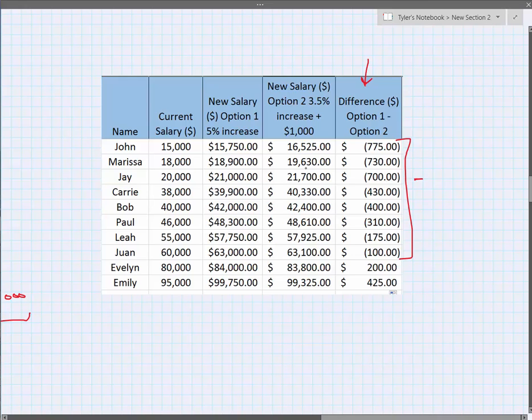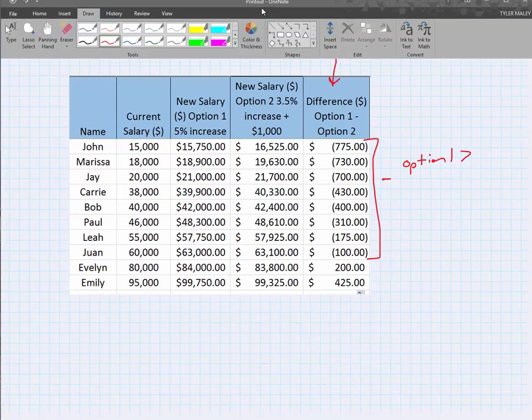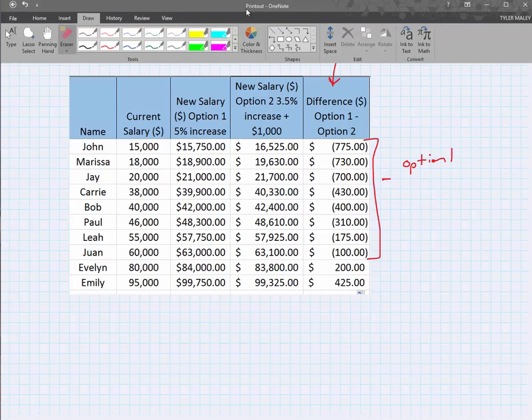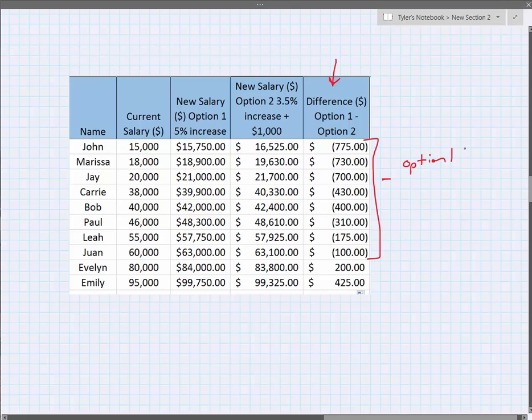This means that option 1 is less than, excuse me, I meant to put a less than there, option 2.